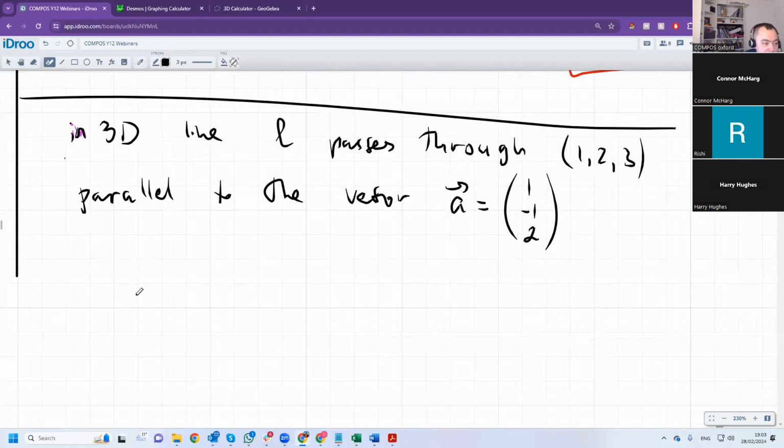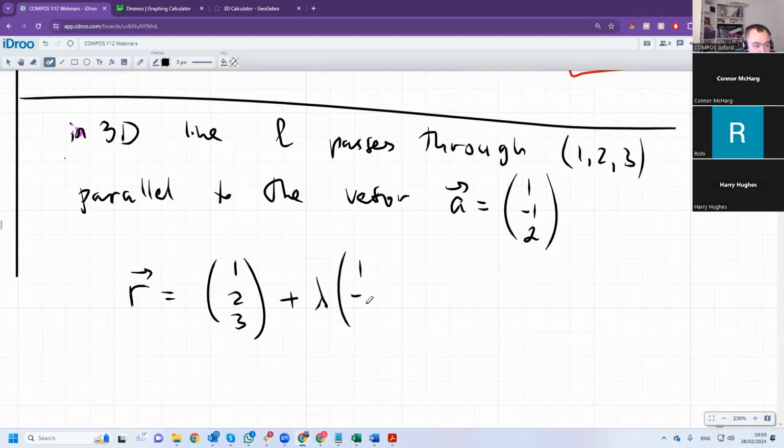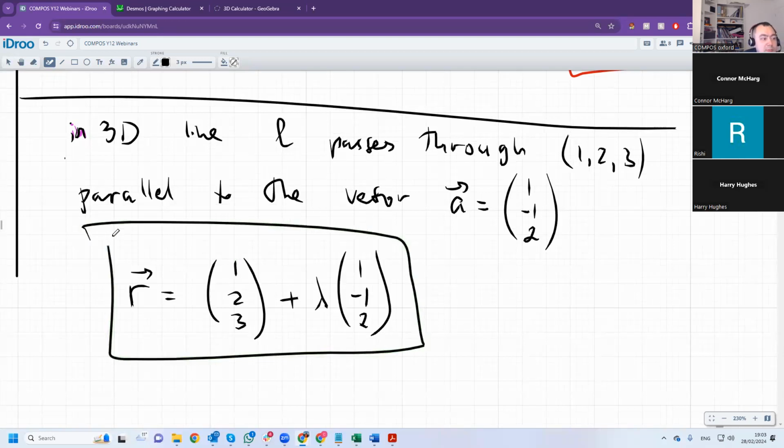So you write down the equation of the line. R is equal to R0, so it's (1, 2, 3), plus lambda multiplied by a, which is (1, minus 1, 2). This is an equation of a line.